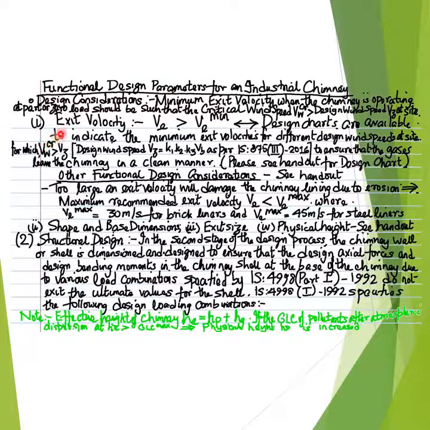Hence, leading to the conclusion that the exit velocity denoted as V subscript E for the industrial chimney that is selected in the functional design stage of the industrial chimney should be greater than a minimum threshold value.